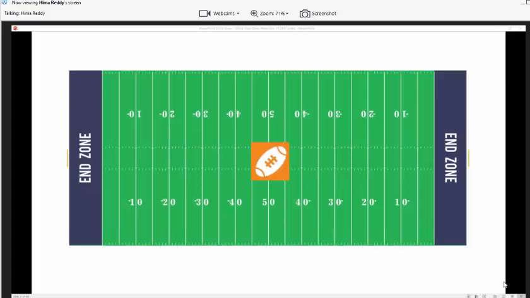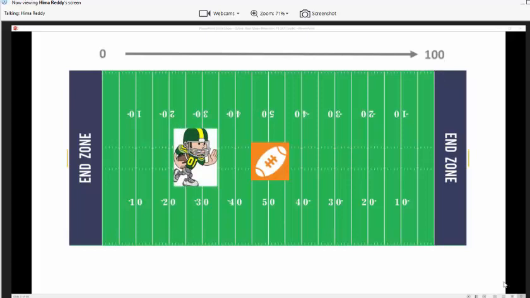So I come from a Green Bay Packers household. My husband's from Wisconsin. The Green Bay Packers football team has been around forever, with a very notable history, and they've got a lot of rivals. One of their biggest rivals is the Chicago Bears. Now, these two teams could be any two football teams, college, high school, doesn't matter.